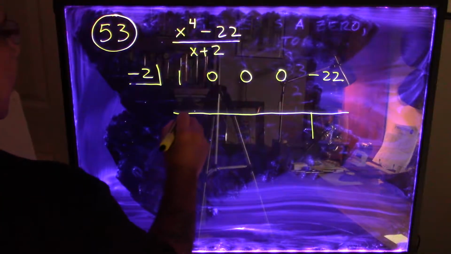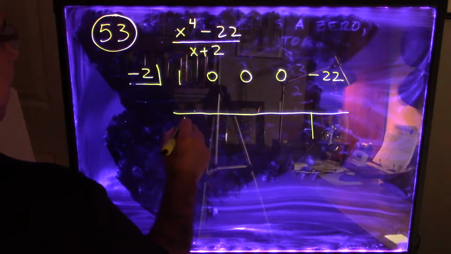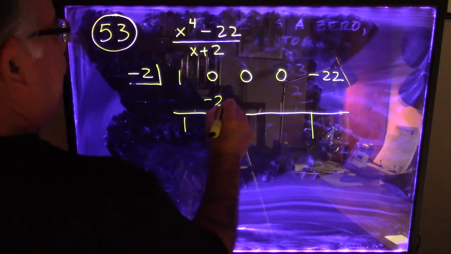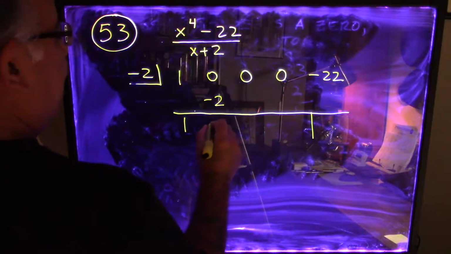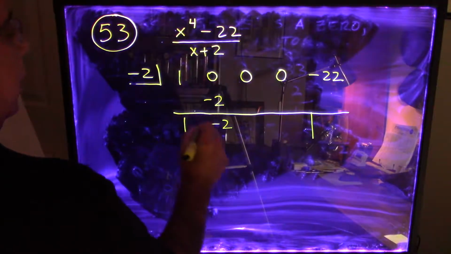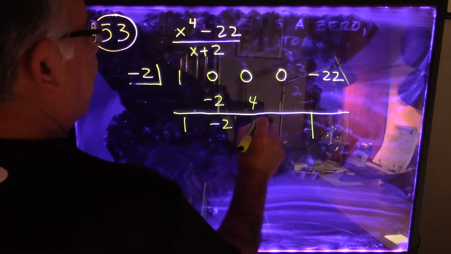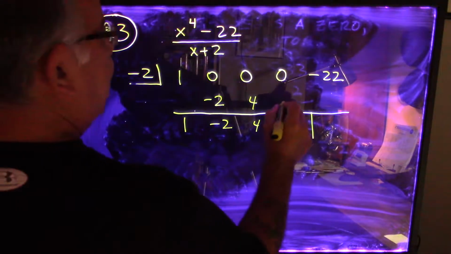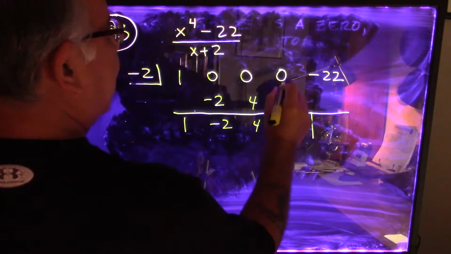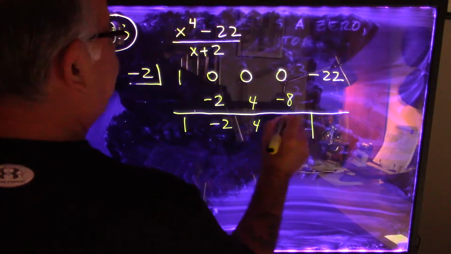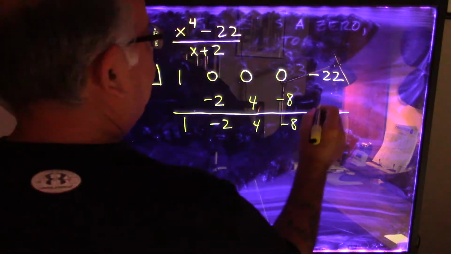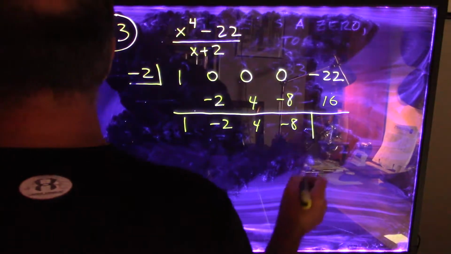So drop down the 1. Negative 2 times 1 is negative 2. 0 plus negative 2 is negative 2. Negative 2 times negative 2 is positive 4. 0 plus 4 is 4. Negative 2 times 4 is negative 8. 0 minus 8 is negative 8. And negative 2 times negative 8 is positive 16.